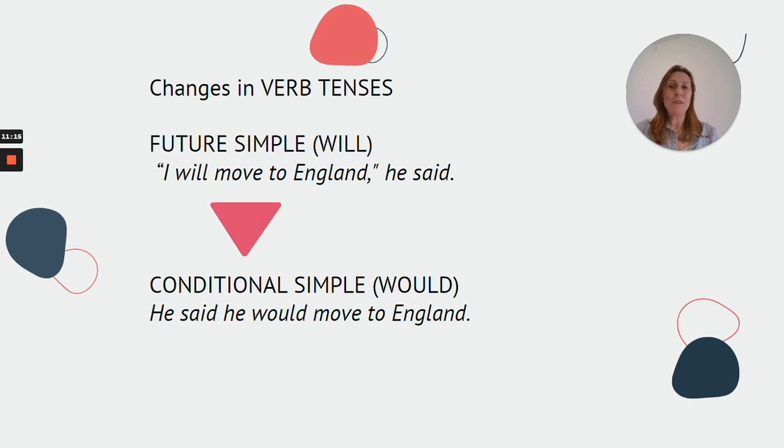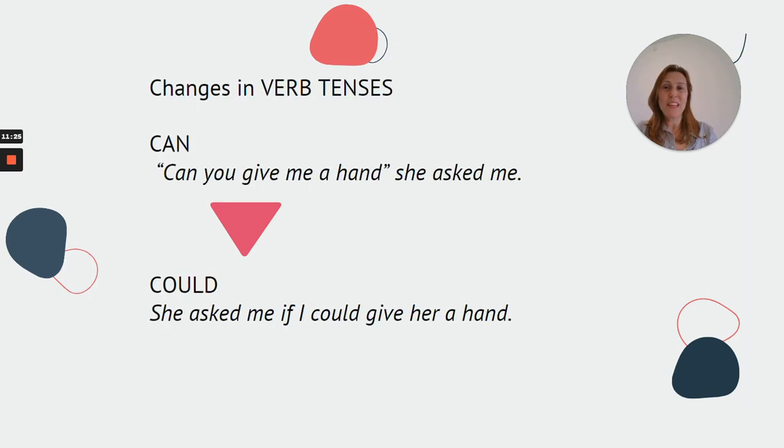We see that future simple, will, changes to conditional simple, or would. "I will move to England," he said. He said he would move to England. Can changes to could. "Can you give me a hand?" she asked me. She asked me if I could give her a hand.